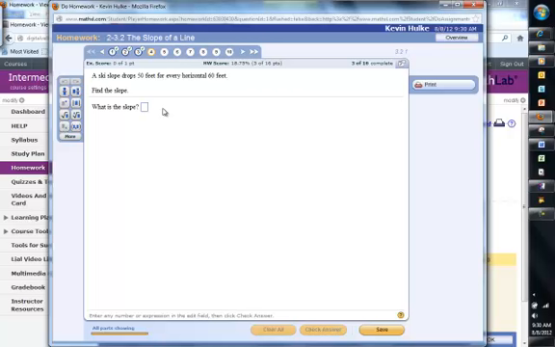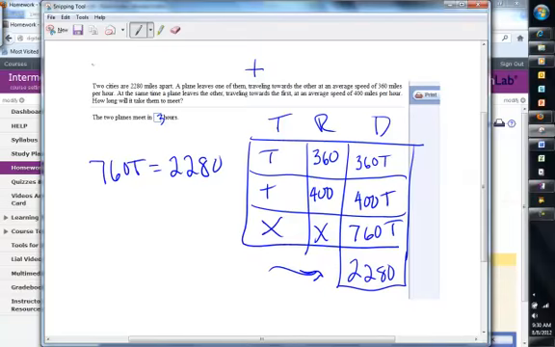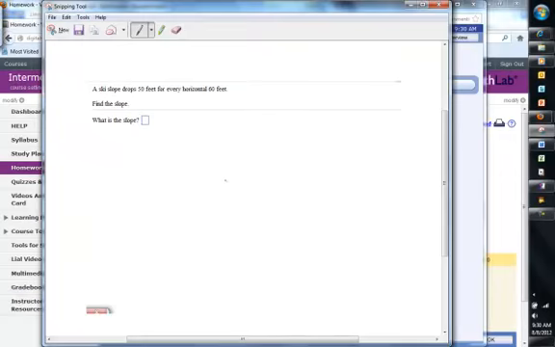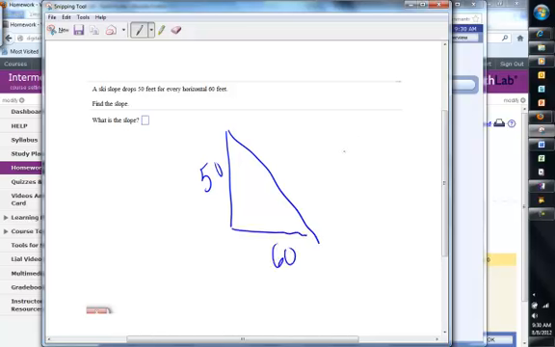All right. Now we've got some slope questions. It says a ski slope drops 50 feet for every horizontal 60 feet. So here's the slope. It drops 50 feet for every 60 feet of horizontal.